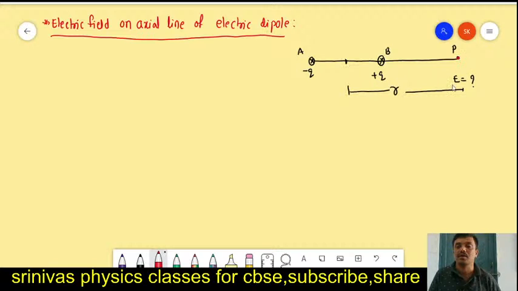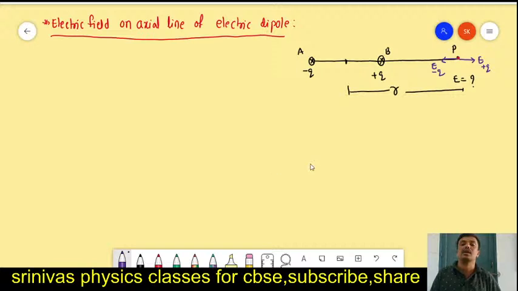At point P, the electric field is there due to the positive charge and the negative charge also. Due to the positive charge, the electric field is away from the positive charge, that is E plus q. Due to the negative charge, the electric field is towards the negative charge, that is E minus q. I want to find the net electric field at point P.